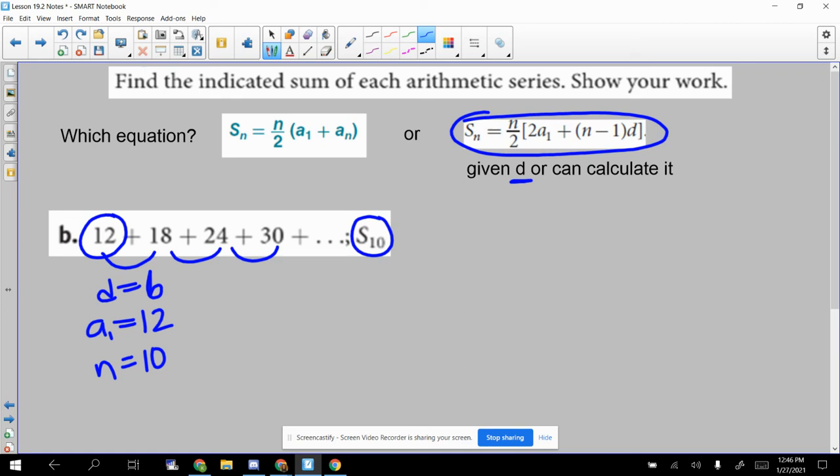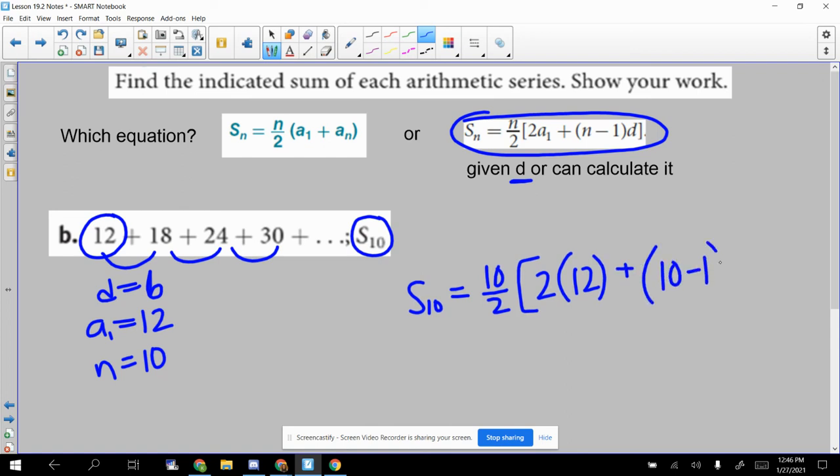Now let's plug in. S sub 10 equals n, which is 10, divided by 2, and then 2 times your A sub 1, which is 12, plus n minus 1, so 10 minus 1, or 9, and then times your common difference, which is 6.